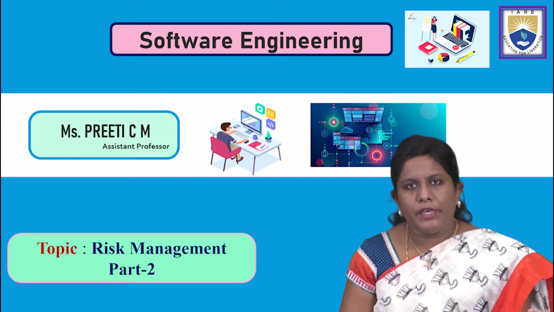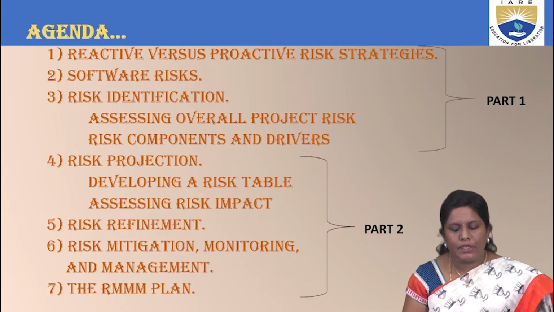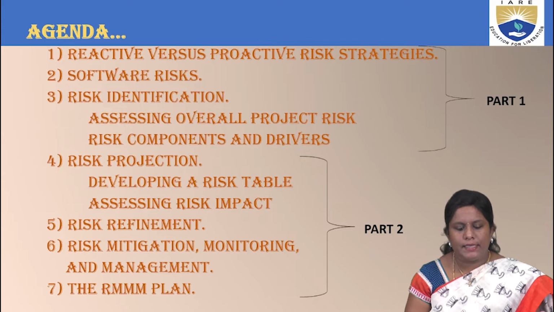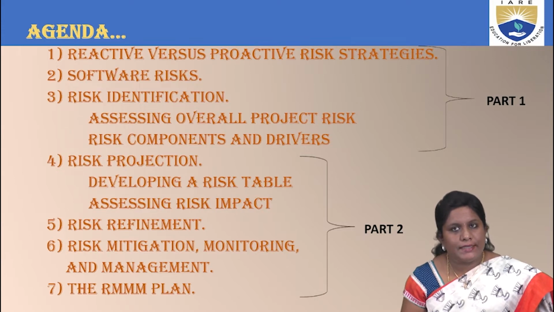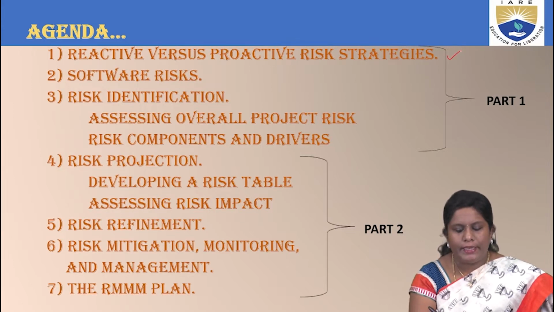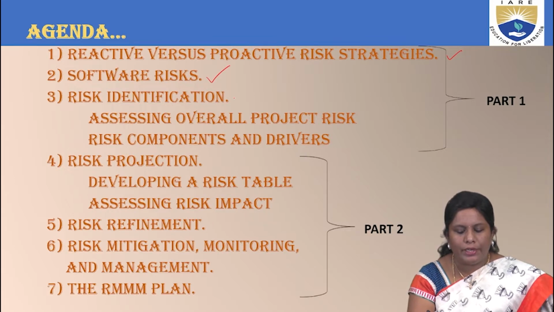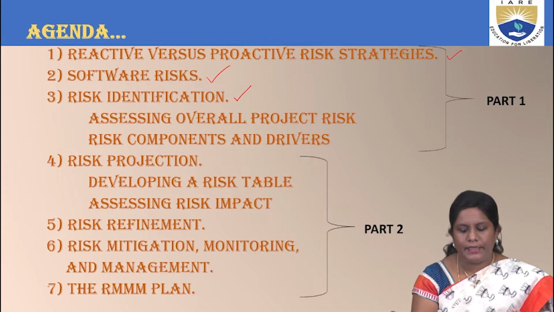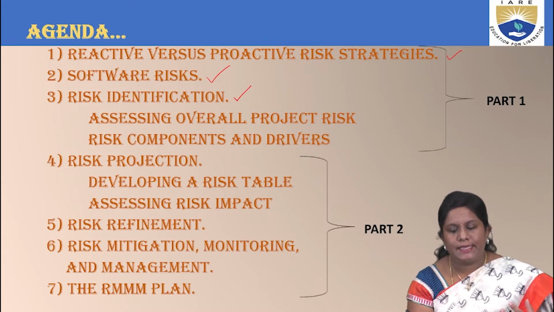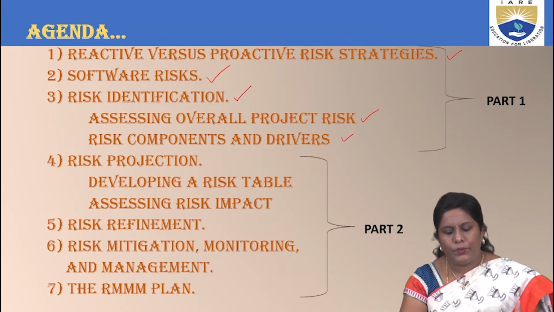In the previous video, we segregated the list of agenda topics into two parts. We discussed reactive versus proactive risk strategies in part 1. Then we saw what exactly software risks are and how to identify them, subdividing the topic into how you assess the overall project and the components associated with risk identification.